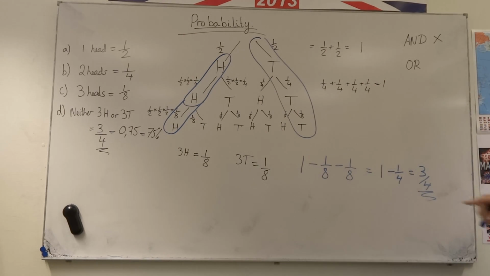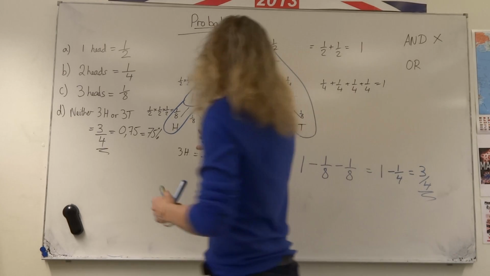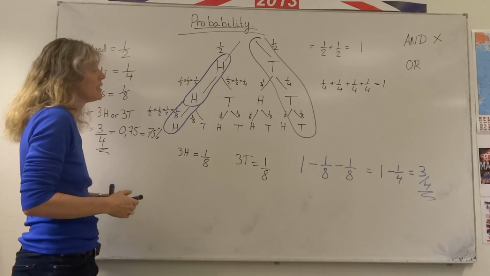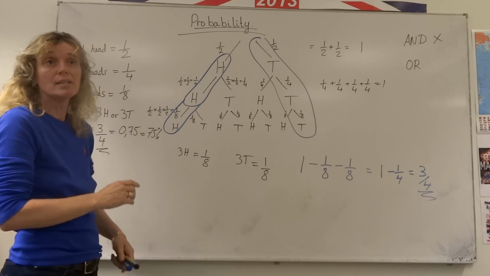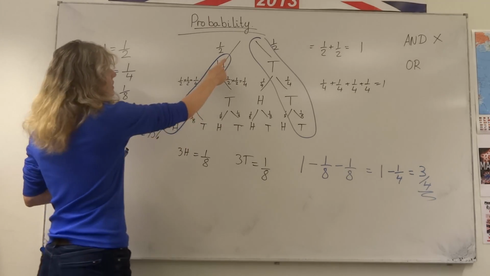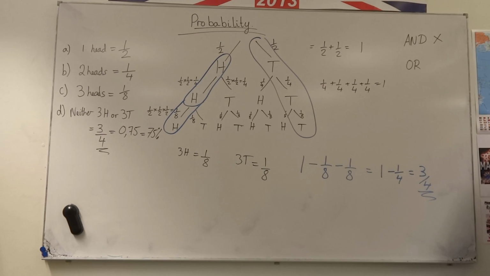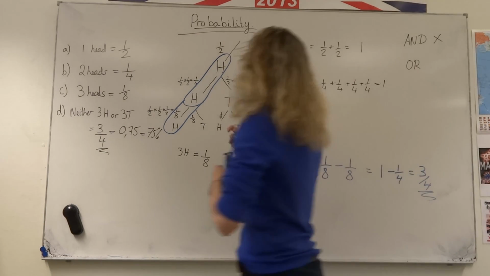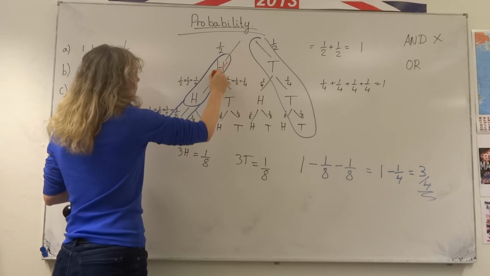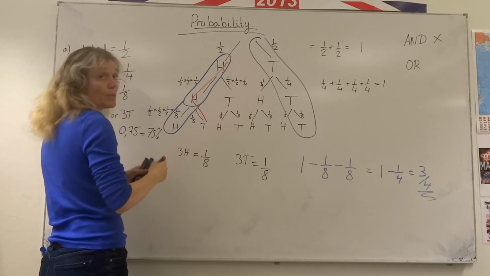How could we have done it if we didn't use this method of subtraction? Well, we could have looked at how many probabilities I have of not getting all heads and all tails. Well, this is one probability. If we just follow the tree down here, here's one solution, so that would give me 1/8.